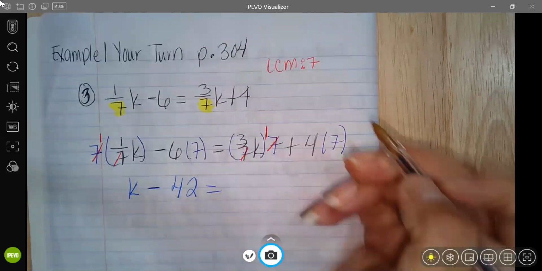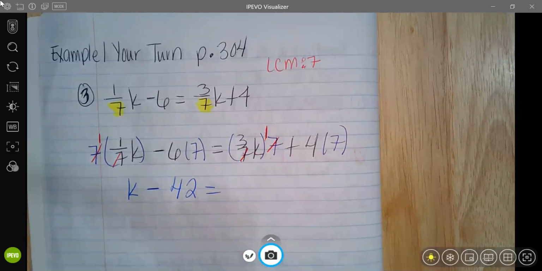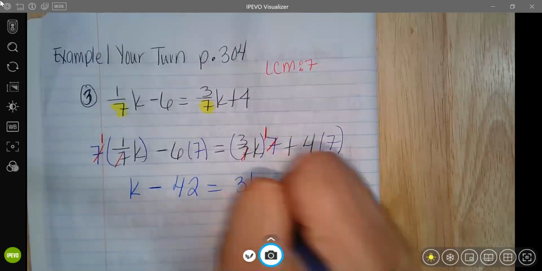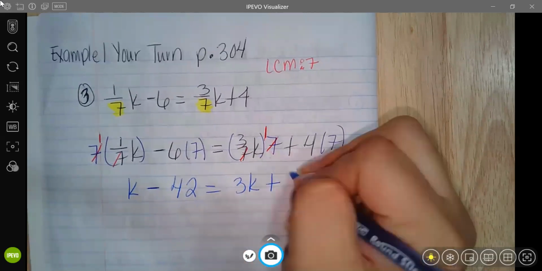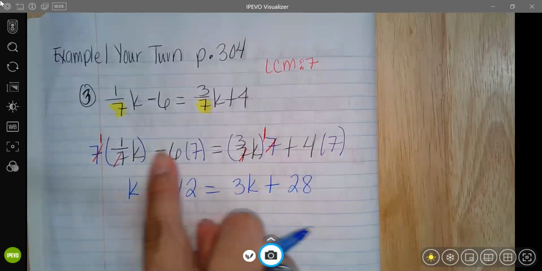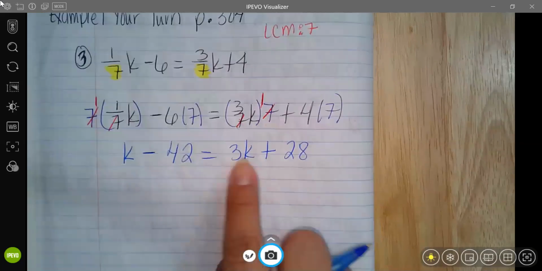Now I have 3K times 1. Anything times 1 is itself, so that would be 3K, plus 4 times 7 is 28. So now we got rid of fractions, and now we have K minus 42 equals 3K plus 28.